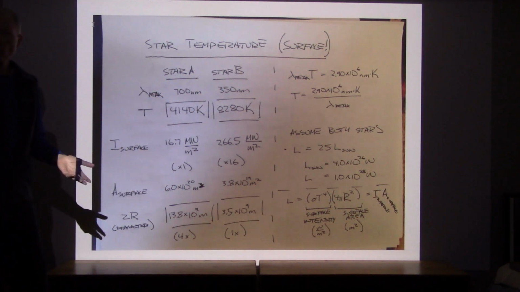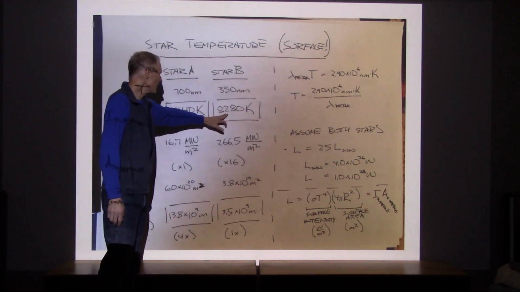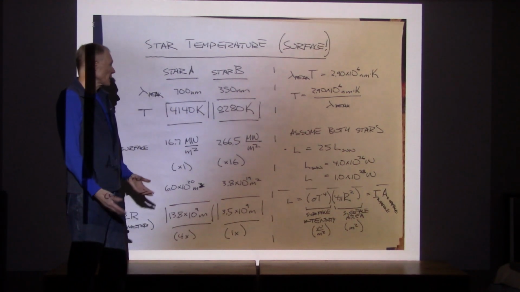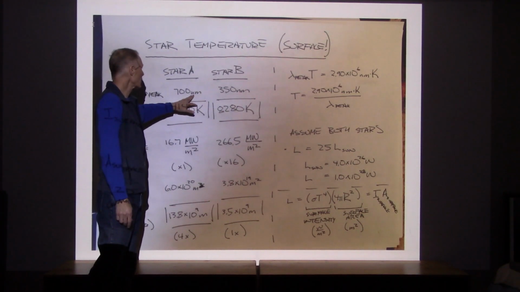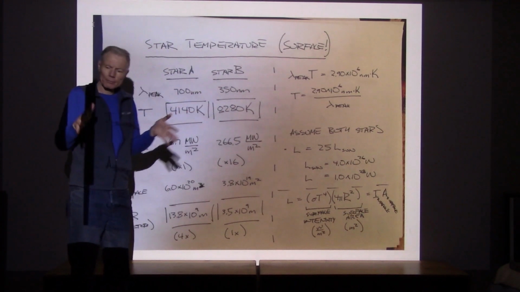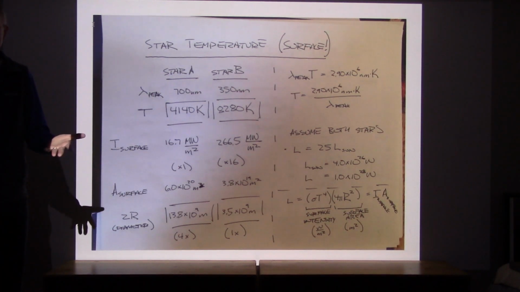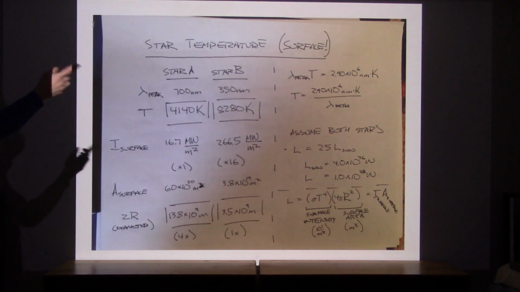It came in at 4140 Kelvin. And then for star B, this came in at 8280 Kelvin. So I guess that makes sense. This wavelength was 1/2 as long as this, and so if I shorten the wavelength by a factor of 2, that must mean that the temperature is higher by a factor of 2. So I've got these two stars at these two different temperatures.